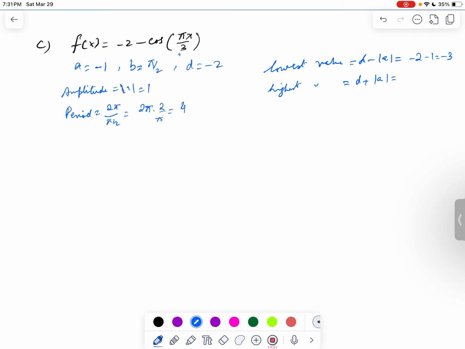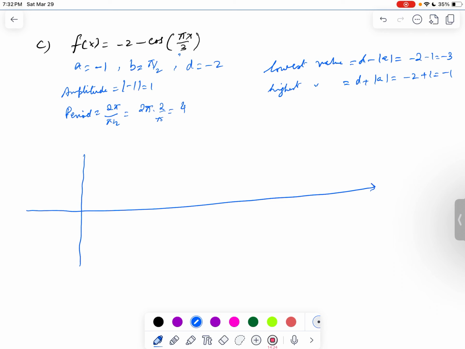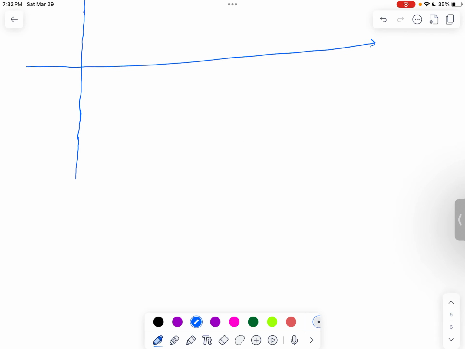So over here, a horizontal line, we have to go to negative 3. So let's say negative 1, negative 2, negative 3.